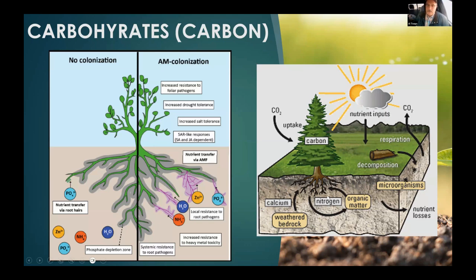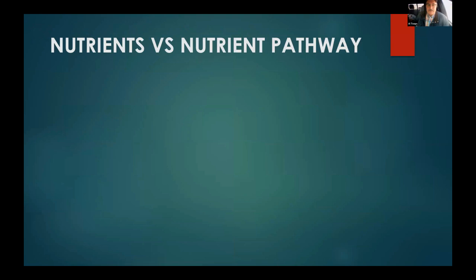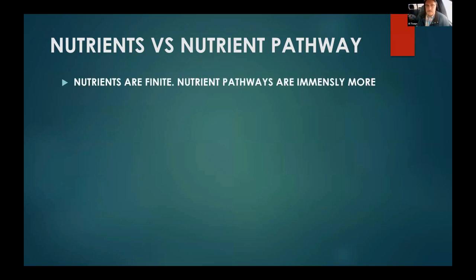And then that's important to understand how carbon is cycled and how carbon is built and how organic matter is built over time. So carbohydrates are an essential piece of what we look at when looking at the functionality of how soil nutrients are digested. So we've got nutrients versus pathway. I'm going to talk about the difference between a nutrient pathway and just nutrients alone.